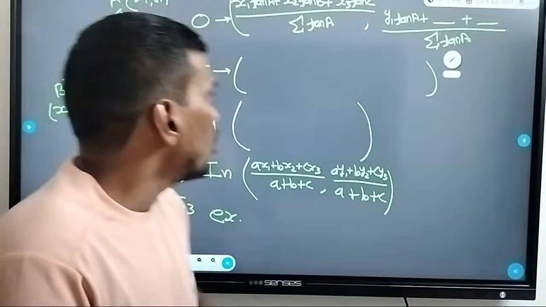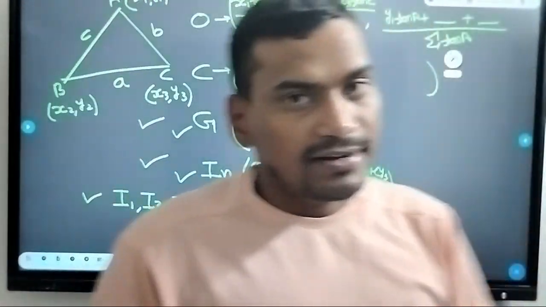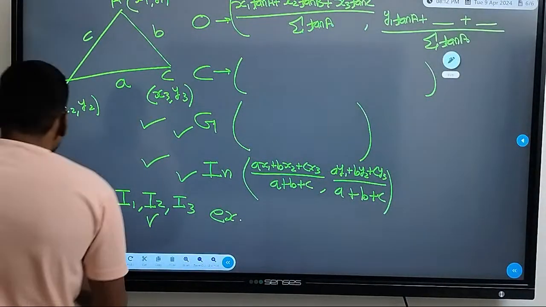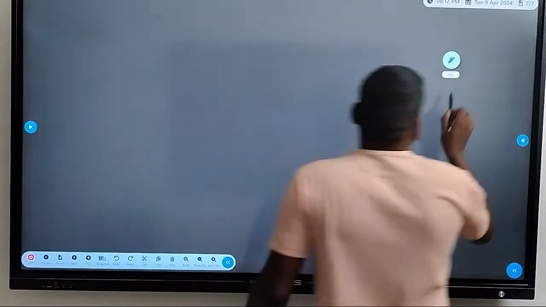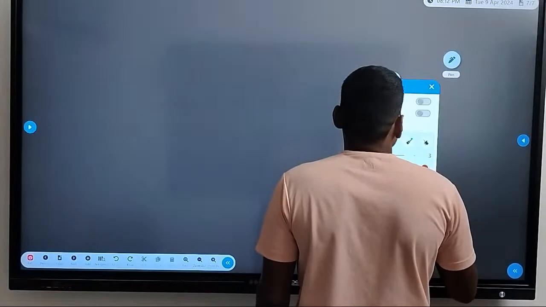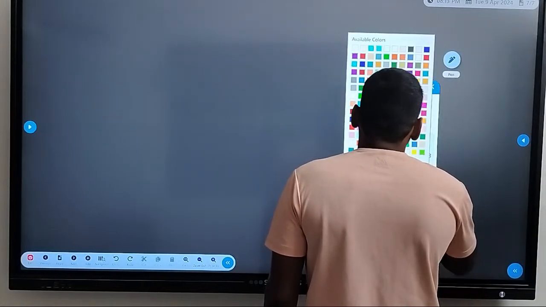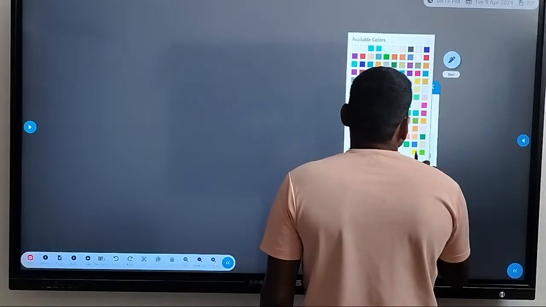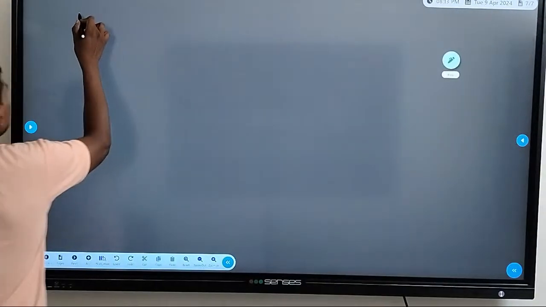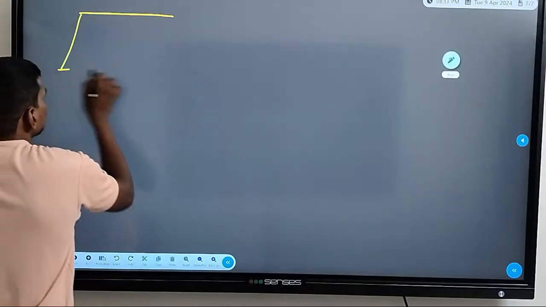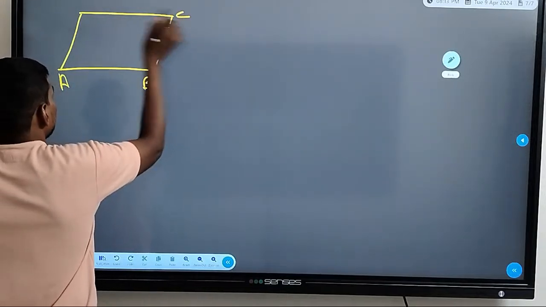Alright, so we have seen all the things regarding the triangle. Now we are going for the quadrilateral. Yes, see bacha.